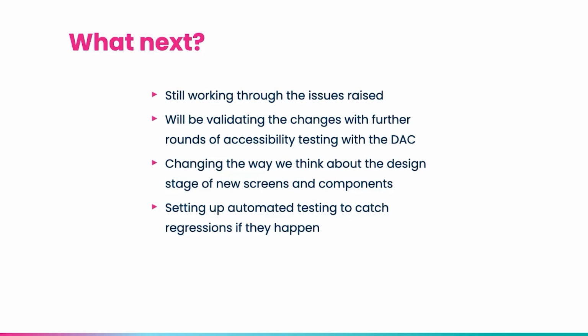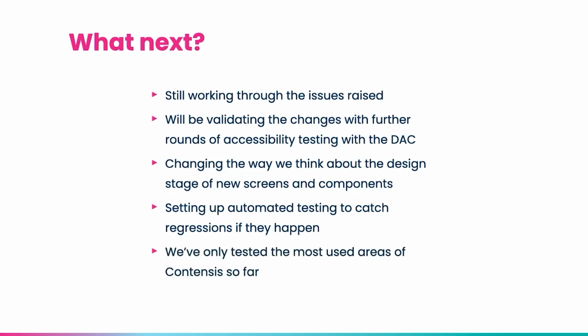We can also add plugins to that. So whilst it's doing these very specific tests, it can also scan the page for your general accessibility issues, like color contrast and that kind of thing. So that's something we're working on as well as doing all the actual testing.